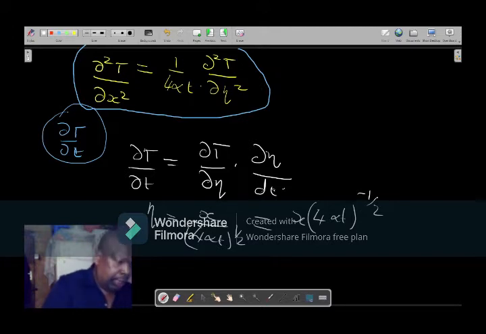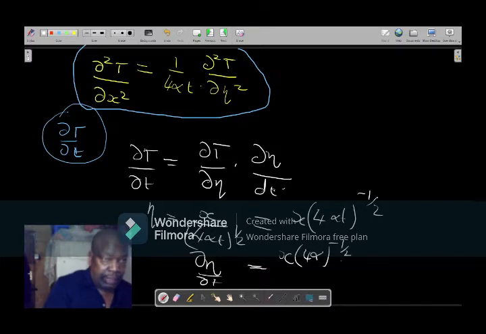And if you differentiate it with respect to time, d eta by dt, x over 4 alpha to the power of negative half remains a constant, and then we have the derivative of t raised to the power of negative half, which gives us negative half, and then t raised to the power of negative 3 over 2.